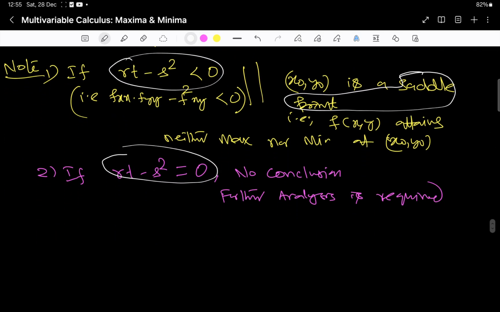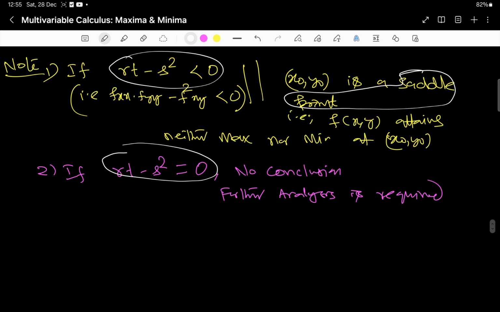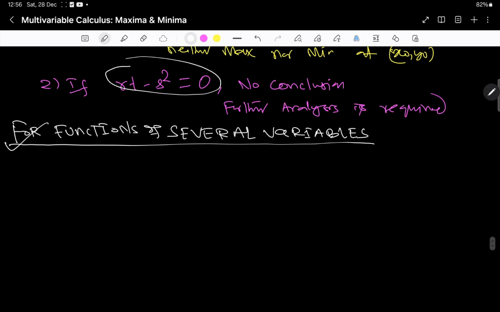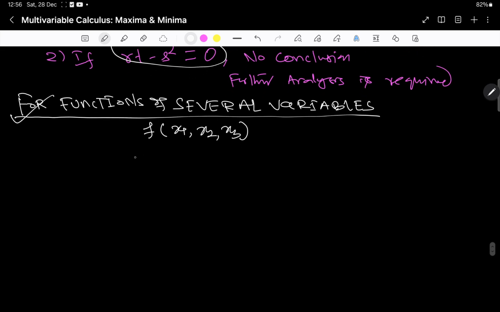Before that, let me tell you the working rule for a function of 3 variables or several variables. Suppose we are extending it to a function of several variables. Let us consider a function of 3 variables, x1, x2, x3. What do I have to do? As usual, the first derivative test is common: f_x1 is equal to 0, f_x2 is equal to 0, and f_x3 is equal to 0.